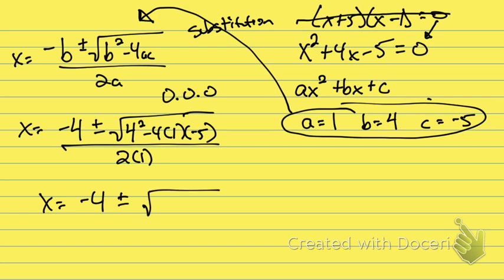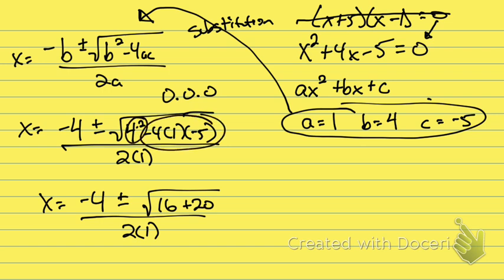So, under my square root, I have 16 plus 20, over 2 times 1. Here's my 16. Here's my 20. Which means x equals negative 4 plus or minus the square root of 36, over 2.